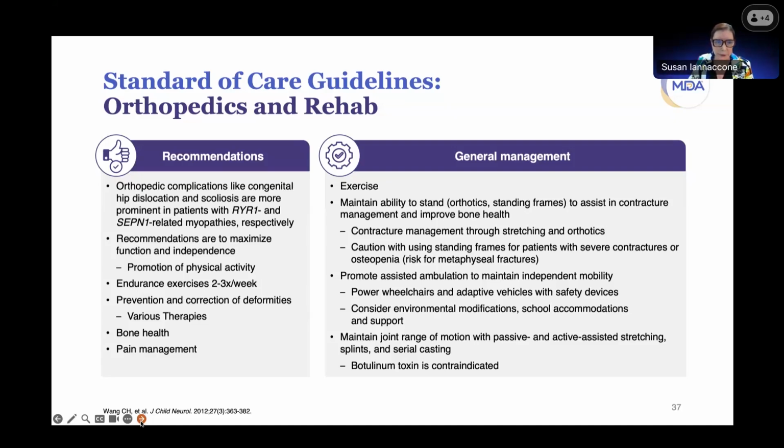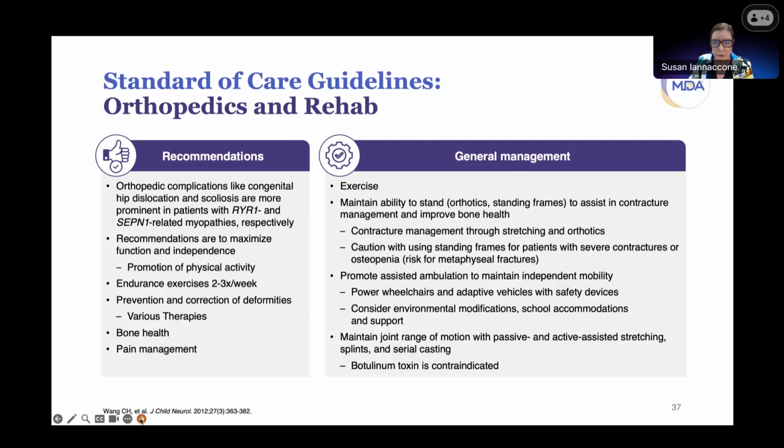On the other hand, if we have a very weak 2-year-old, we want to get them into a wheelchair so that they can have independent mobility that is consistent with their developmental age. And so we have our OTs and equipment specialists involved very early, before the age of 2 years, to make this happen.